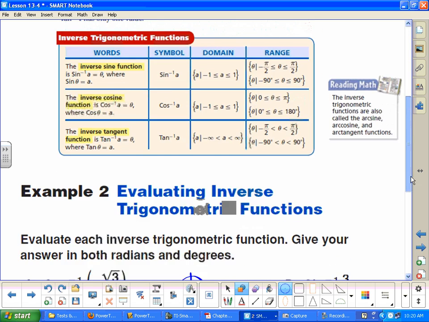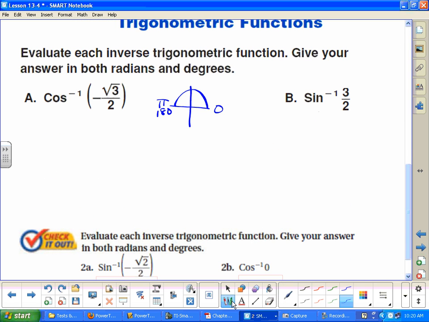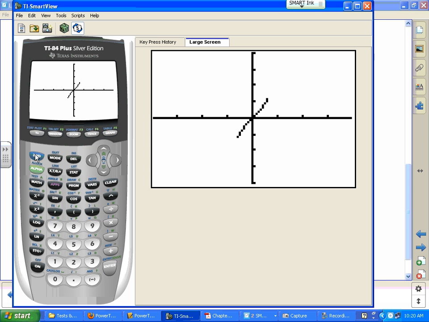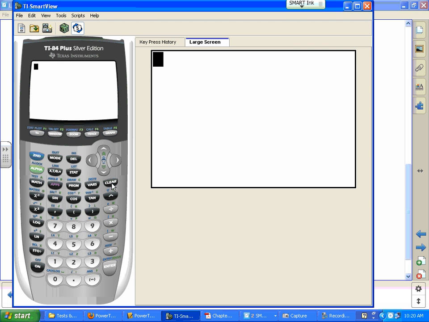So we'll say 150 degrees, 5 pi over 6. Now, I'm going to show you an interesting little way to do this.